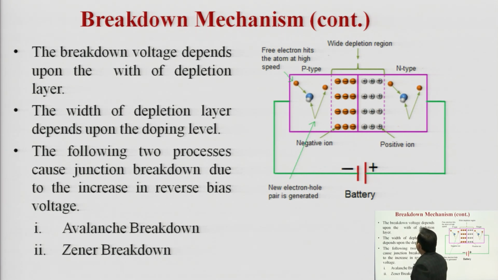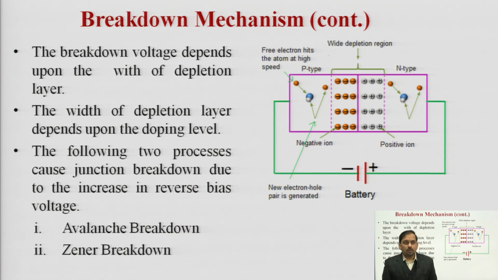The breakdown voltage basically depends on the width of the depletion region. Now, the width of the depletion region depends upon many factors. One factor is the doping profile. As we increase the doping profile, the width of the depletion region decreases.